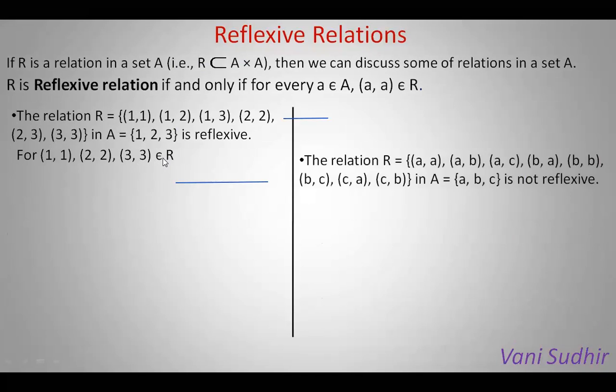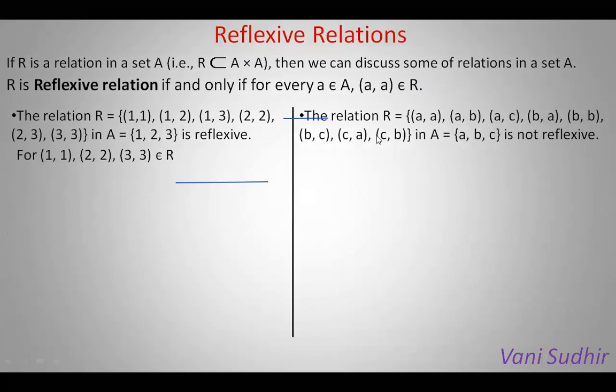One non-example we'll take. In set A, elements a, b, c are there. If you take a, (a, a) ordered pair is there, no issue. If you take b, (b, b) is there, b is related to b, no problem. If you take (c, c), is (c, c) there in this relation?